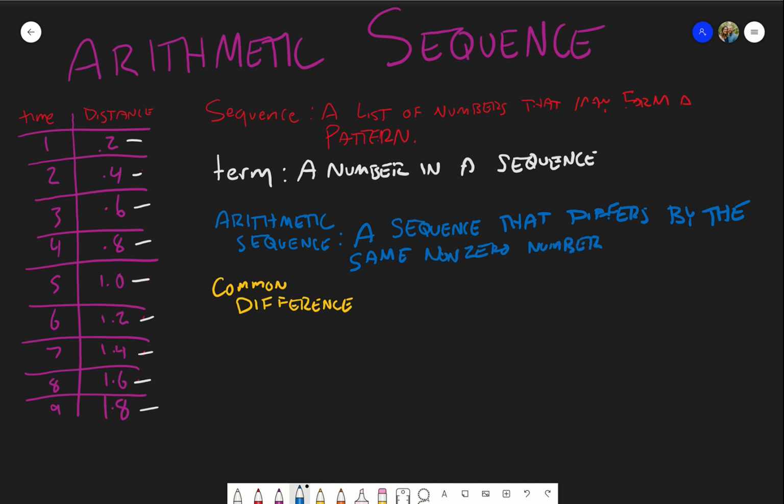And the same non-zero number, which we call D, is the difference. It's how much is differing every time. And that non-zero number is the common difference.